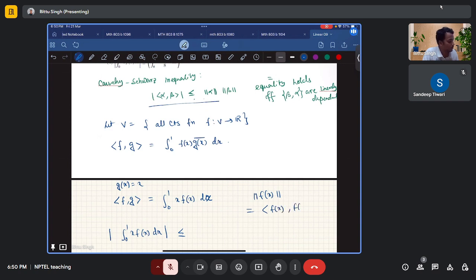The norm of f(x) is the inner product of these things, and just take the square root. By our definition, this is the integral from 0 to 1 of f(x) times f(x), that is f(x) whole square, dx, and take the square root of this thing.